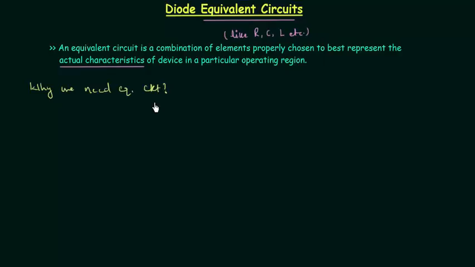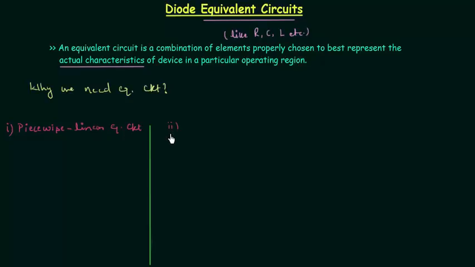We will study three types of equivalent circuits. The first one is the piecewise linear equivalent circuit.